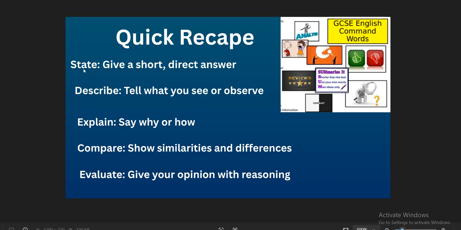State: give a short and direct answer. Describe: tell what you see or observe. Explain: say why or how. Compare: show similarities and differences. Evaluate: give your opinion with reasoning.